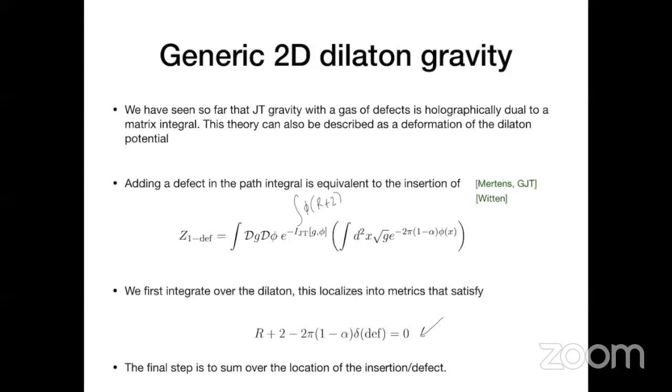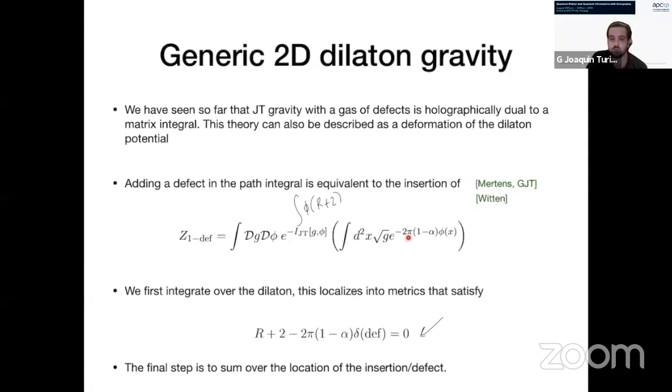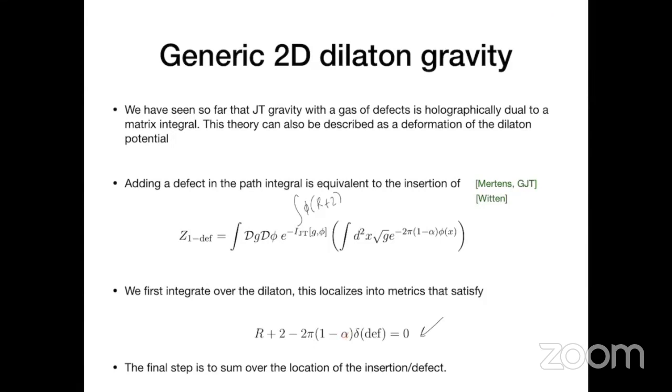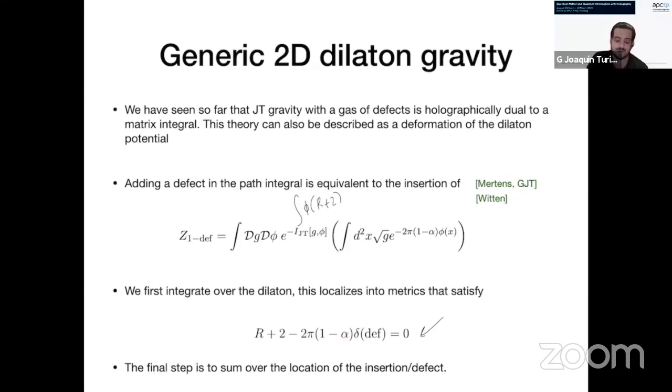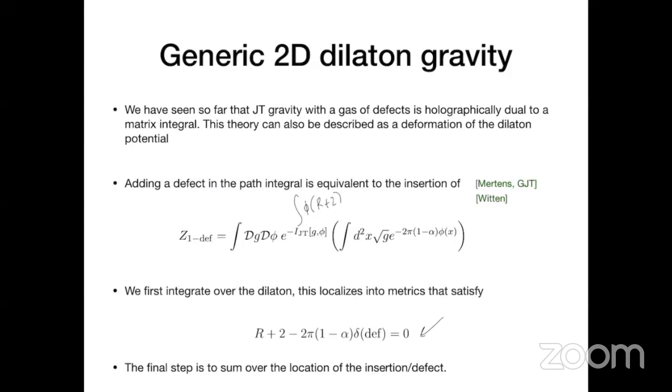Here you could have called this, I don't know, y, some number, but the point is that whatever multiplies the delta function is the deficit angle. I just decided to call it the deficit angle and parameterize it in terms of alpha because it simplifies some formulas. Okay, yeah. Thanks. That's fine.